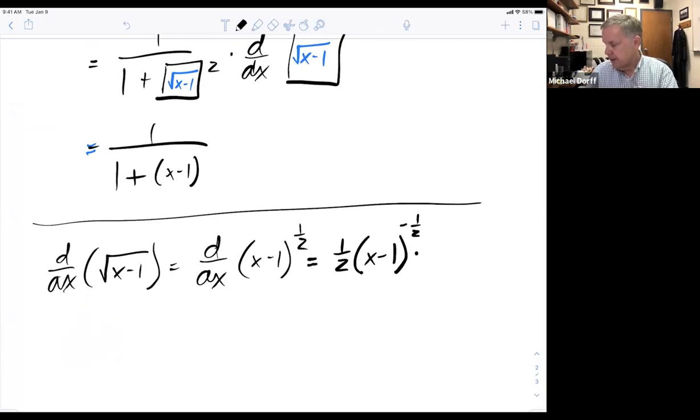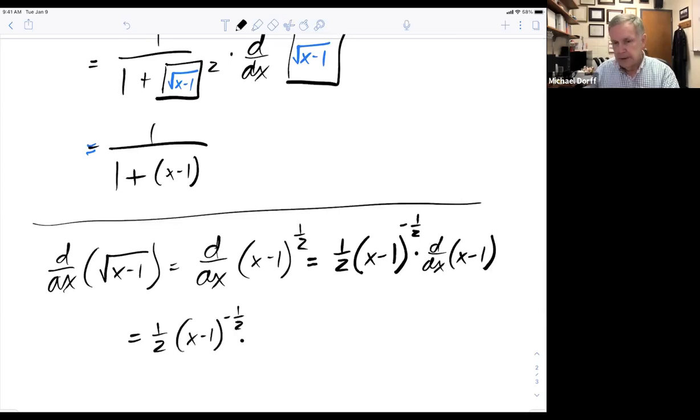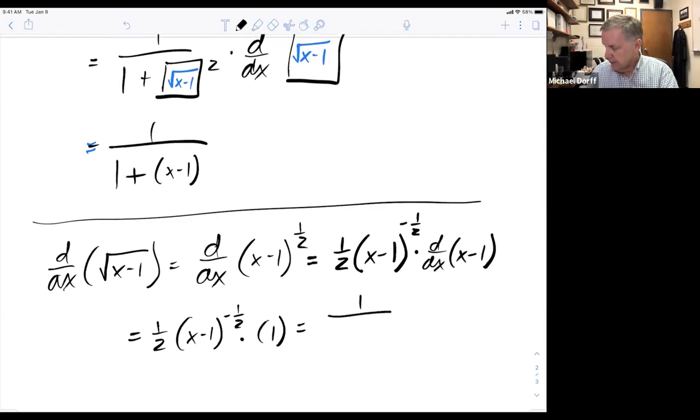Then by the chain rule, I take the derivative of what's inside the parentheses, which is x minus 1. So I have 1/2 times x minus 1 to the negative 1/2, and that derivative is just 1. I can rewrite this as 1 over 2 times x minus 1 to the 1/2 power in the denominator, or 1 over 2 square root of x minus 1.